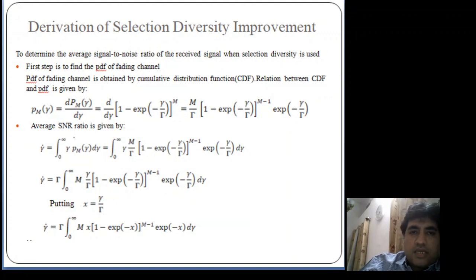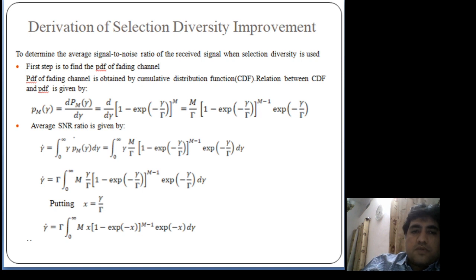So to find the improvement after adopting selection diversity, we need to determine the average signal to noise ratio of the received signal when selection diversity is used over the average signal to noise ratio when we have not adopted selection diversity. So to do this, the first step is to find the probability density function of the fading channel. The probability density function of each fading channel is found by using the cumulative distribution function.